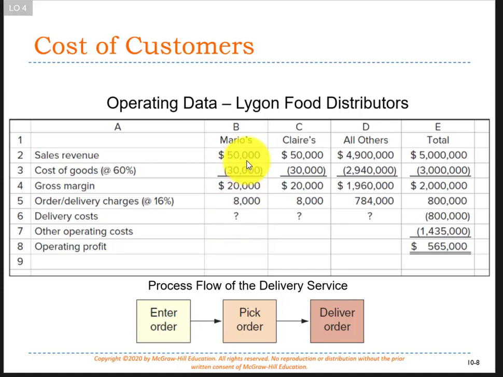So both Mario's and Claire's have $50,000 of sales. Cost of goods sold is the same because we're selling them basically the same products. All right, and the cost for delivery that everybody pays is 16%, or in this case, because they bought $50,000, $8,000.